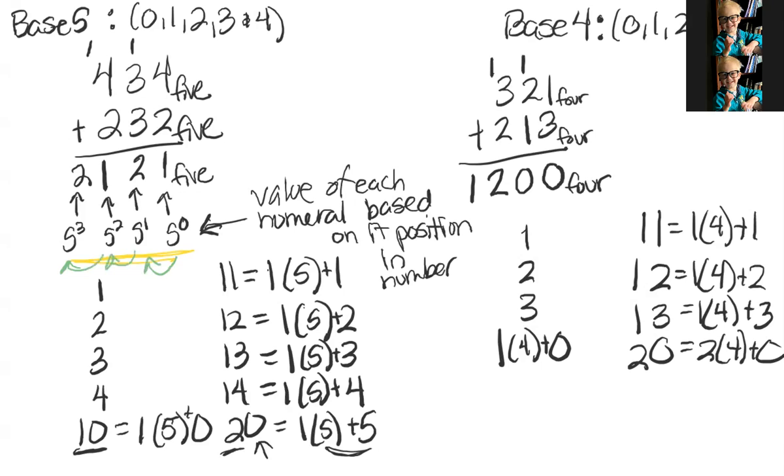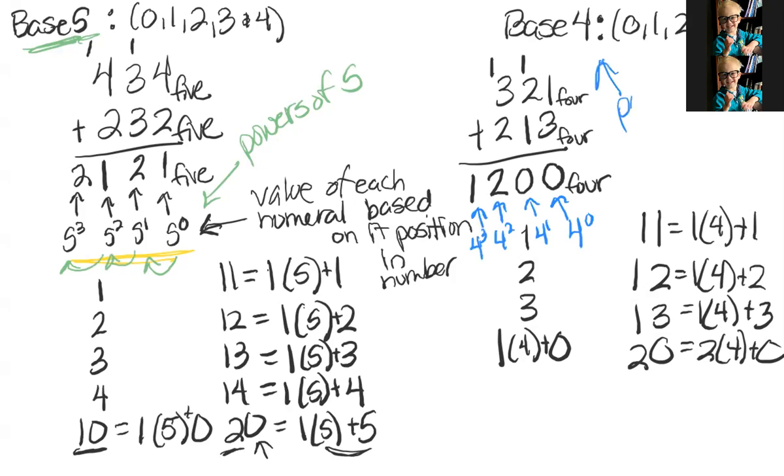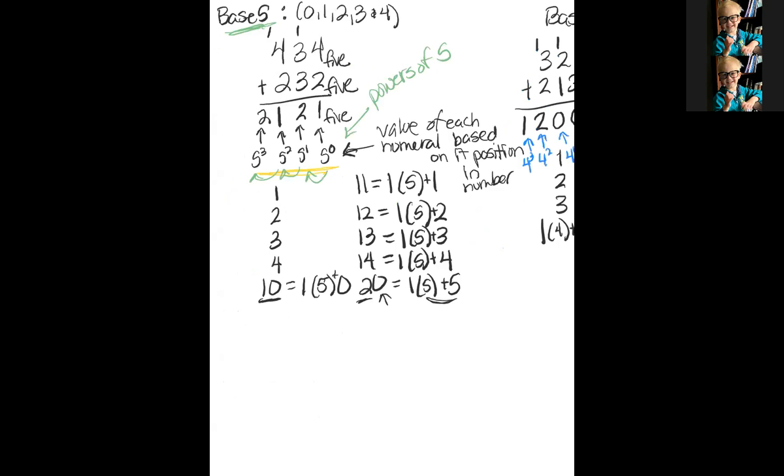Each digit changes value by the powers of the base. So these ones are powers of 5 because we're in base 5. These ones will be powers of 4: 4 to the 0, 4 to the 1, 4 squared, so groups of 4, 4 cubed. Base 4 means powers of 4, and our base 10 system means powers of 10, whether that's to the left of the decimal or to the right of the decimal.